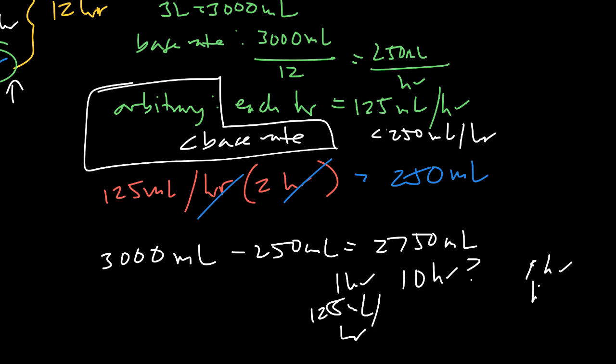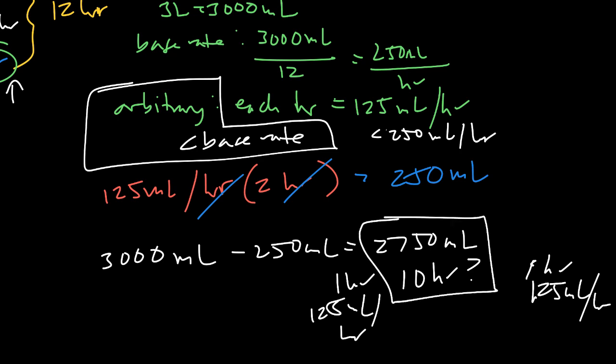Your last hour is 125 mils per hour. Now you have to account for 2750 over a 10-hour period, not a 12-hour period like your base rate. We just picked the base rate so you know what your arbitrary rate should be for your first and your last hour.